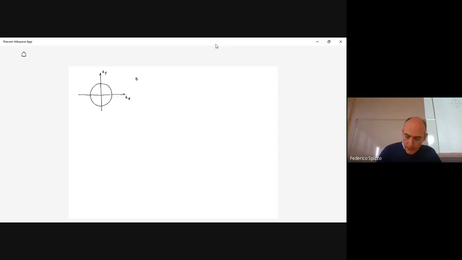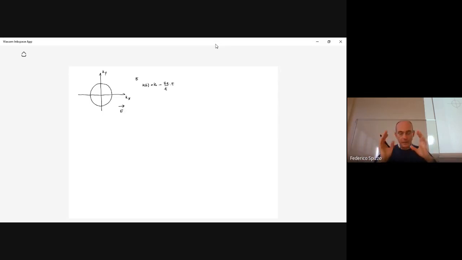If we switch on the electric field, then k_t is equal to k_0 minus eEt divided by ħ. So if I suppose to have an electric field applied in this direction, I have a translation of the sphere to the left.